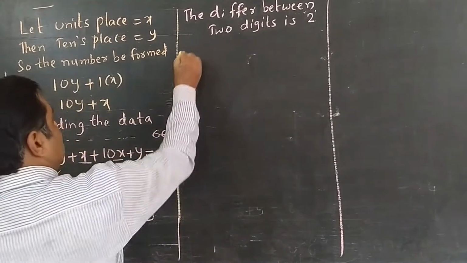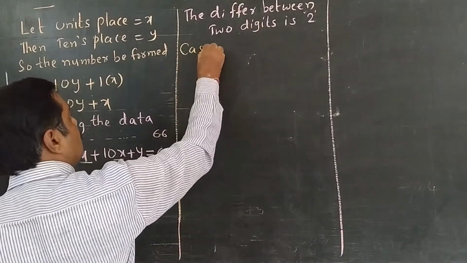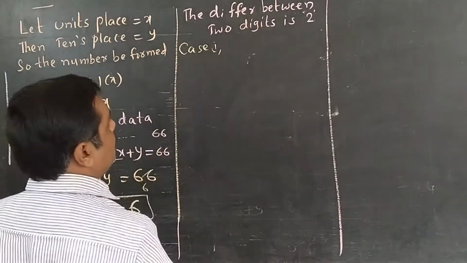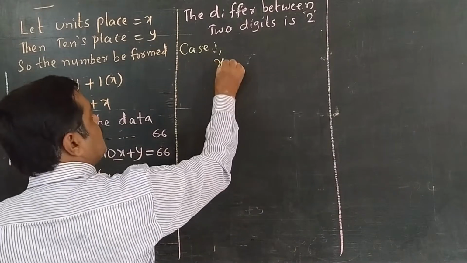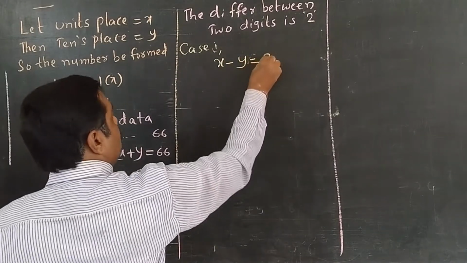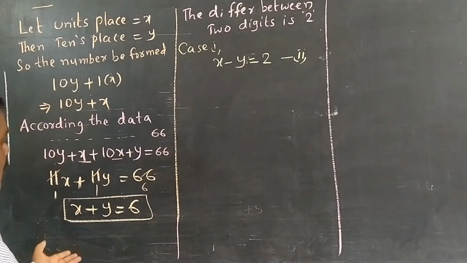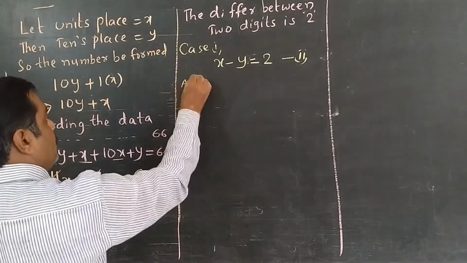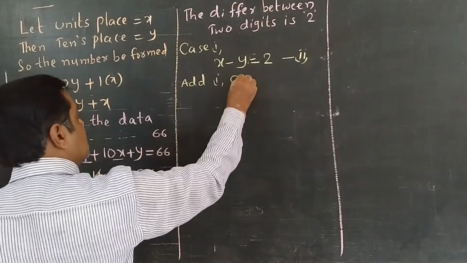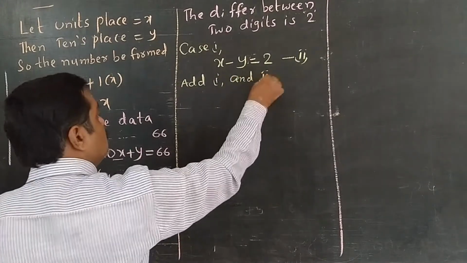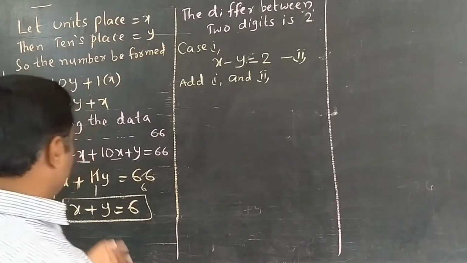In case 1, according to this statement, we take x minus y is equal to 2. This is treated as the second equation. Now add first and second. I am going to do the problem by the elimination method.